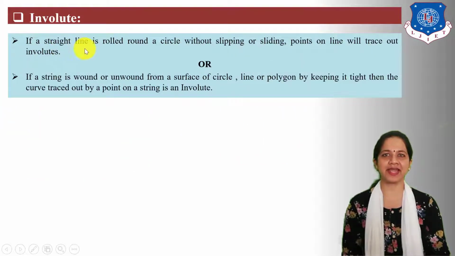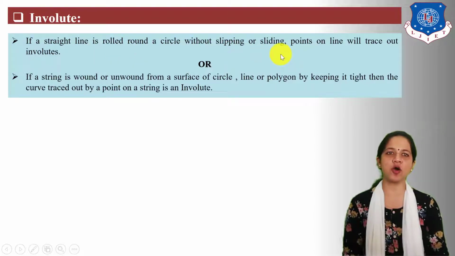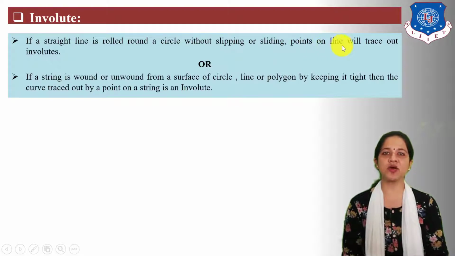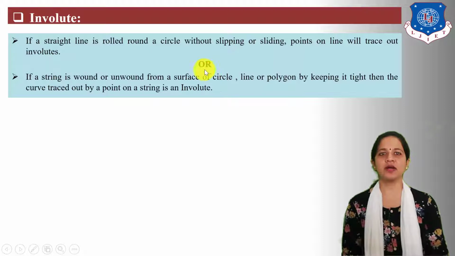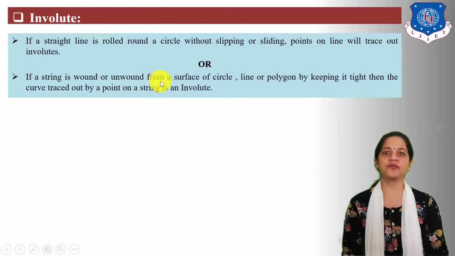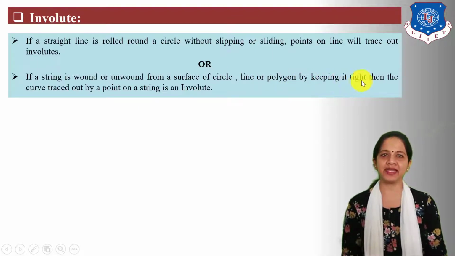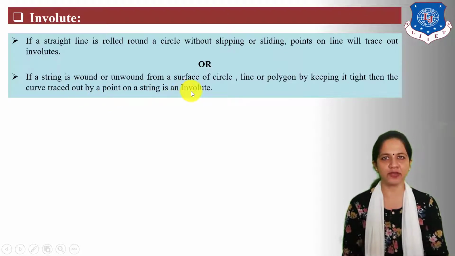If a straight line is rolled round a circle without slipping or sliding, points on the line will trace out involutes. Another definition: if a string is wound or unwound from the surface of a circle, line or polygon by keeping it tight, then the curve traced out by a point on the string is an involute.